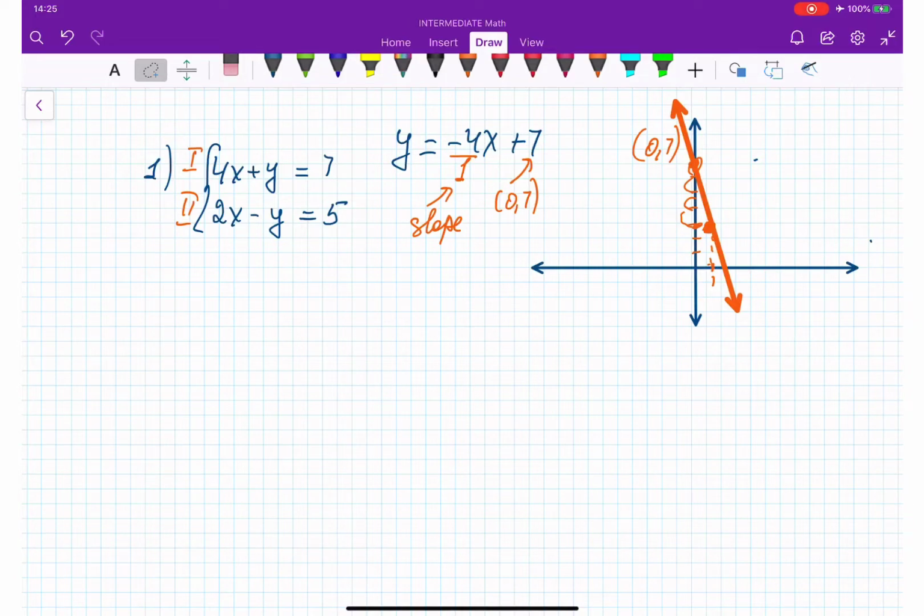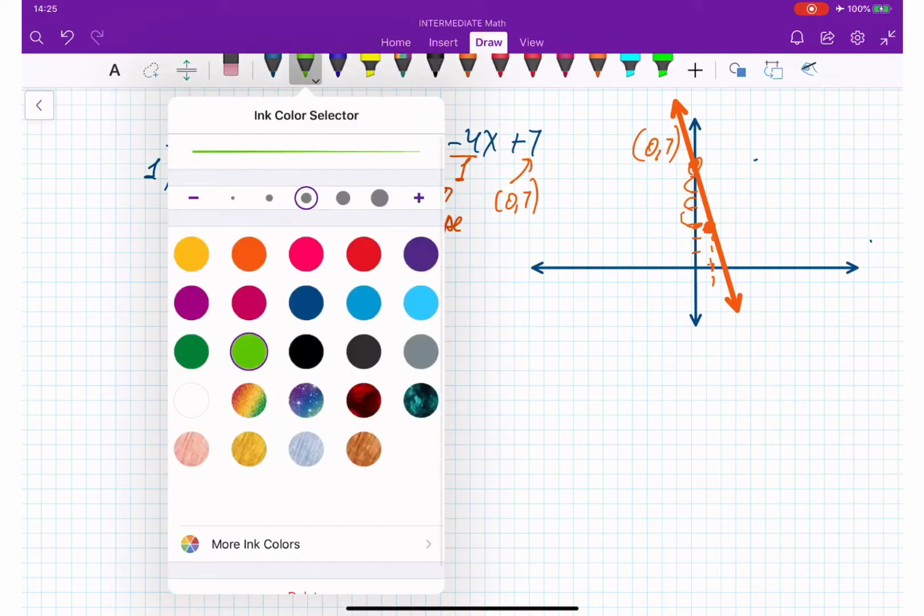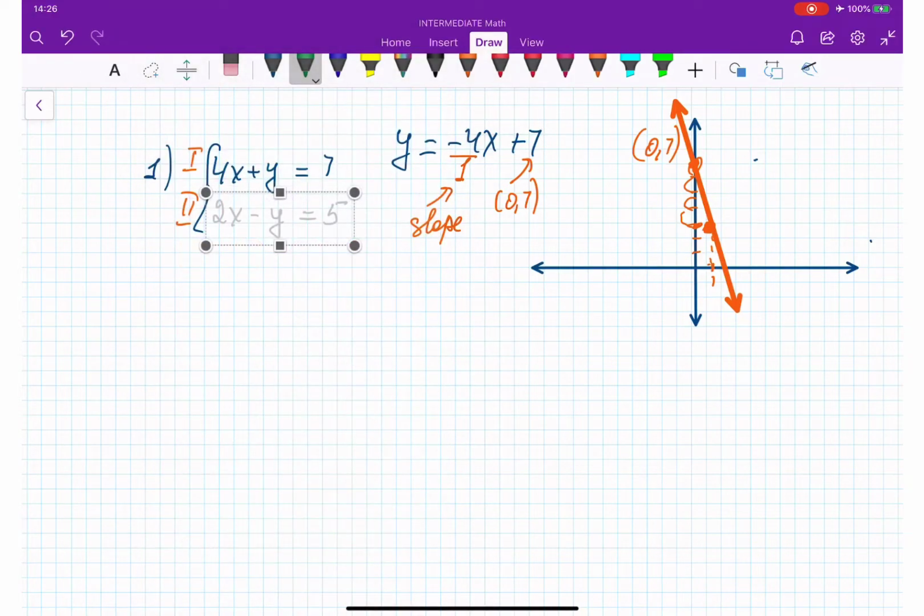Now the second one. Let me change the color, make it green. So we have the second graph, 2x minus y equal 5. So what am I going to do here?